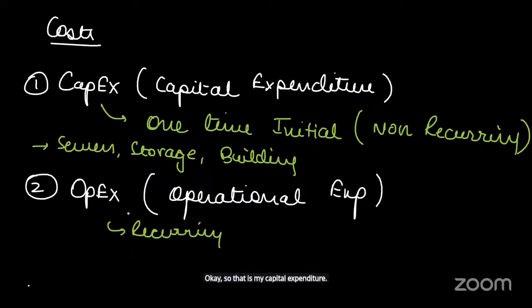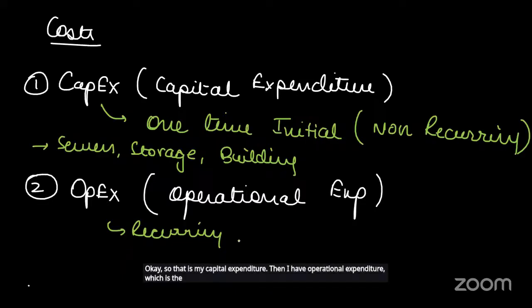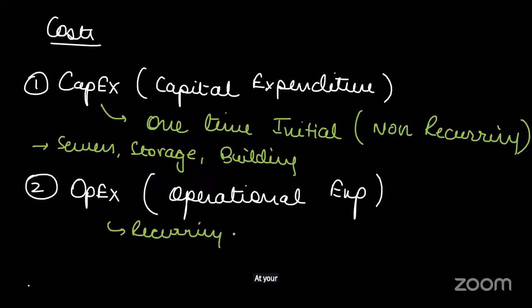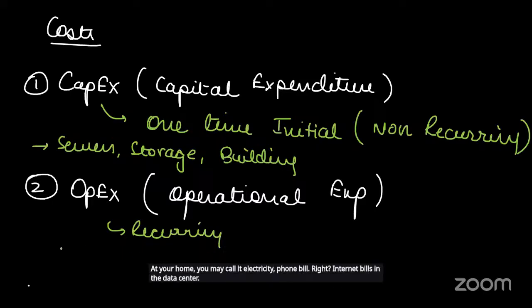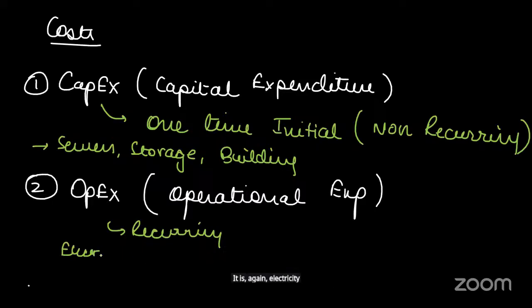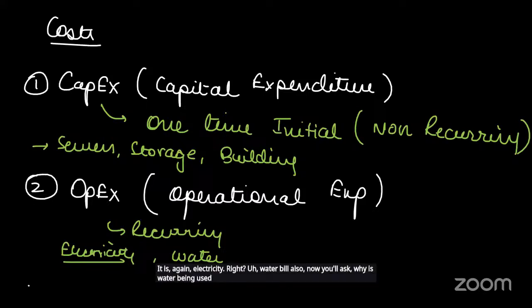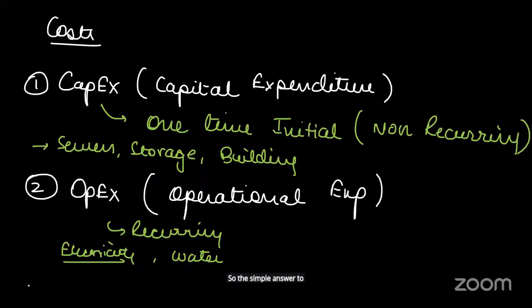Then I have operational expenditure, which is the recurring cost. At your home, you may call it electricity, phone bill, right? Internet bills. In the data center, it is again electricity, right? Water bill also. Now you'll ask, why is water being used in a data center? So the simple answer to that question is that water is very important for a data center.